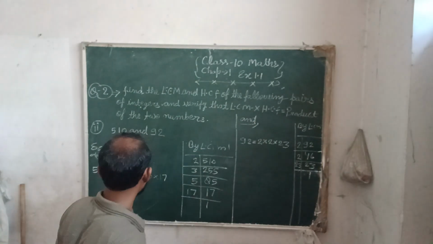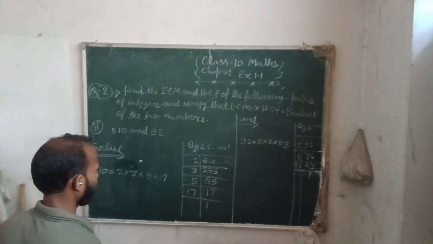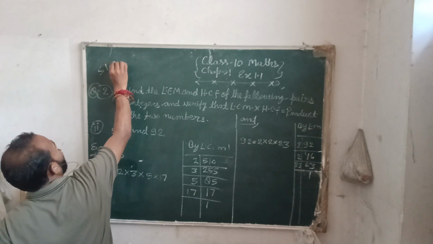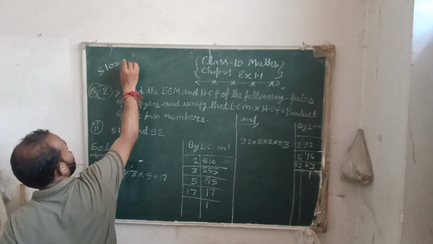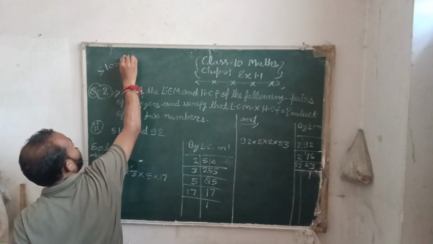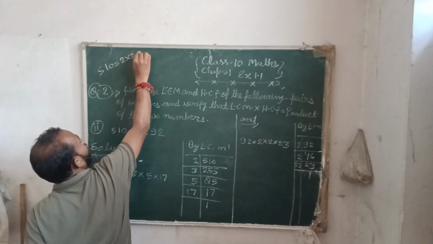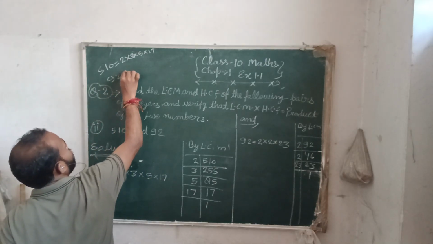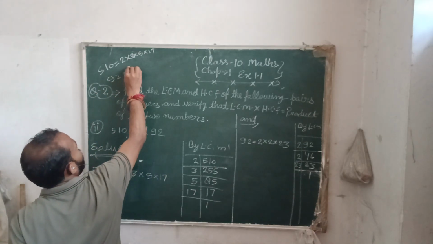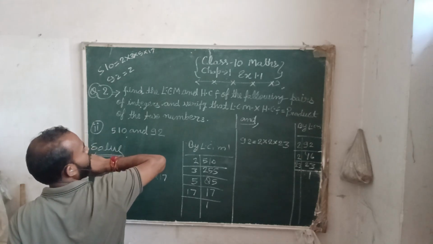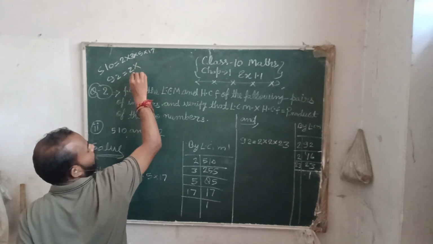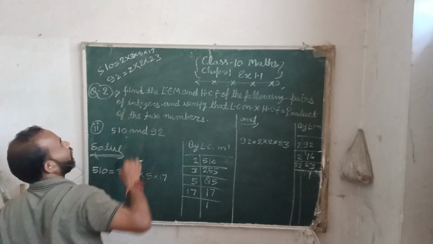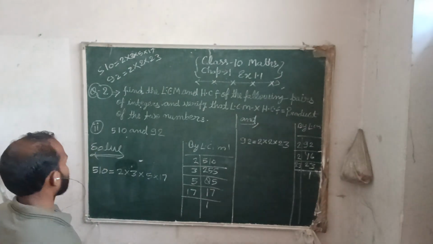Here are the factors of 510, 2 into 3 into 5 into 17, and the factors of 92 are 2 into 2 into 23.